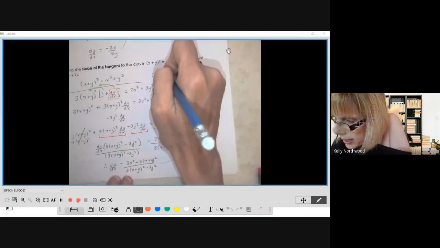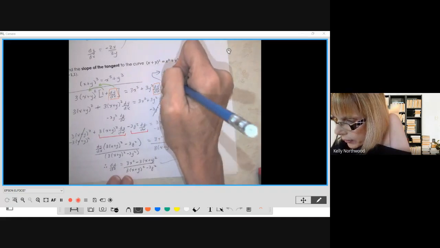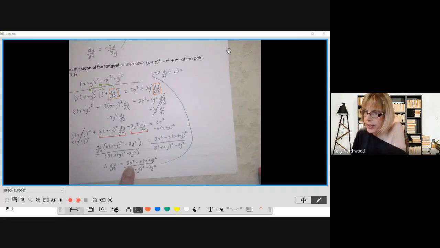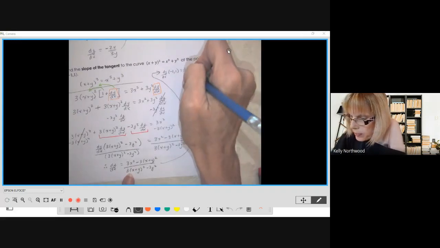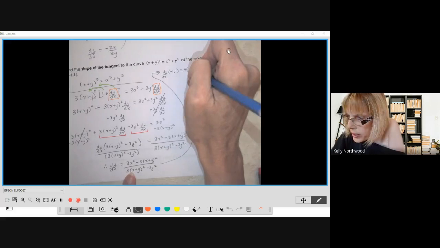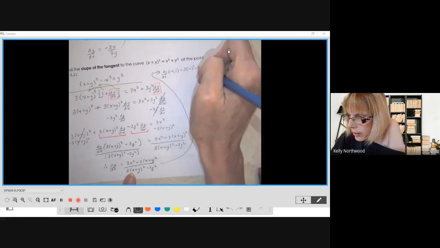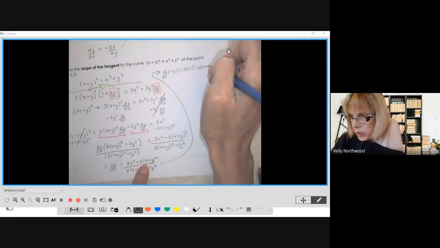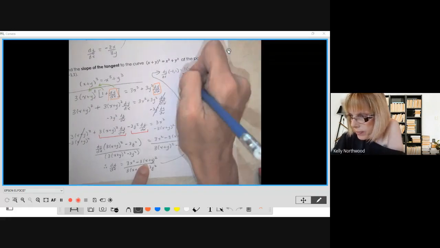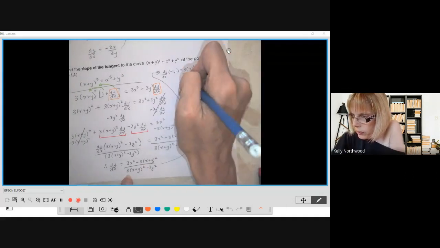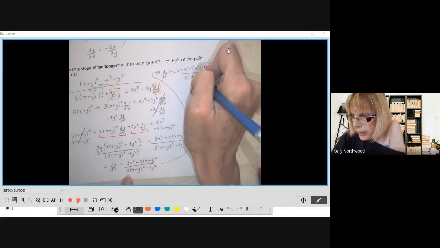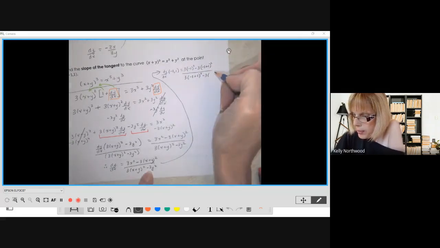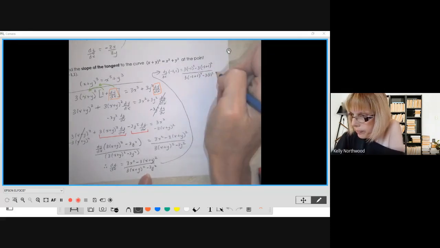So dy by dx at the point negative 1, positive 1 is equal to 3 times negative 1 squared minus 3 times negative 1 plus 1, which makes 0, so that's nice, over 3 times negative 1 plus 1 squared minus 3 times 1 squared.